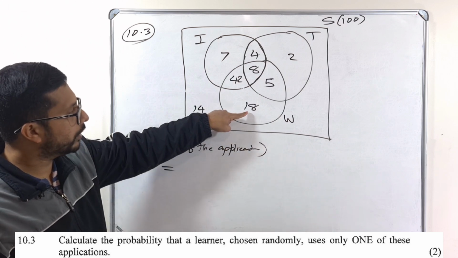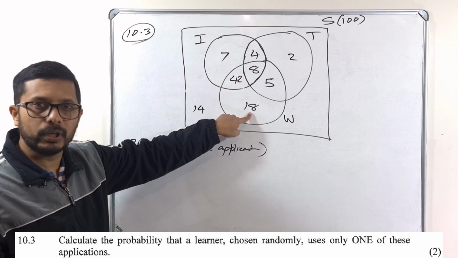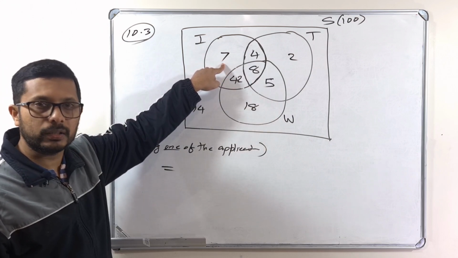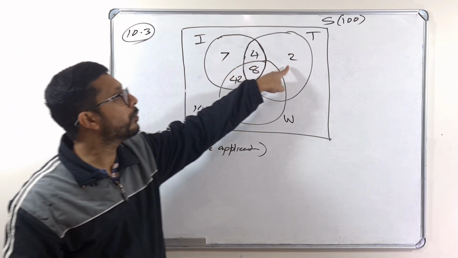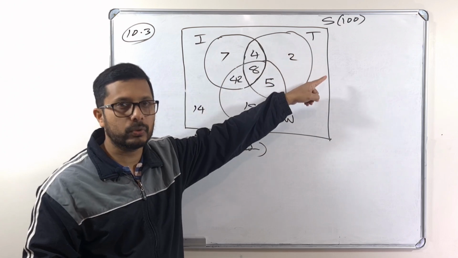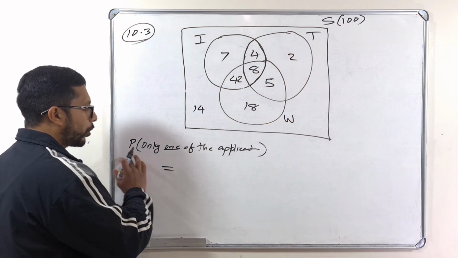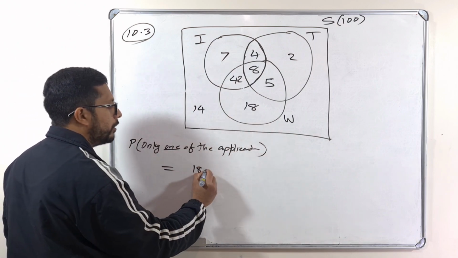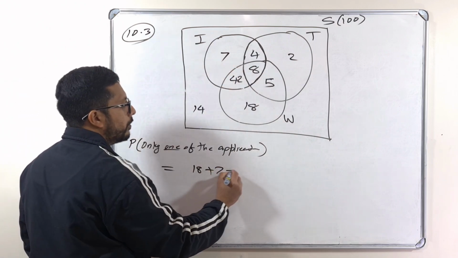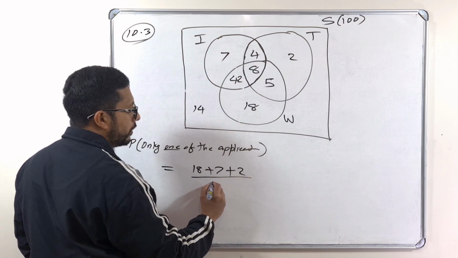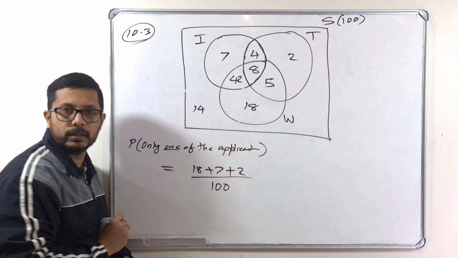So here you can see these 18 people are using only one, that is WhatsApp. These 7 people are using only one, that is Instagram. These 2 people are using only one, that is Twitter. So how can we find the probability of only one of these applications? 18 plus 7 plus 2, divided by the total number of people, 100.